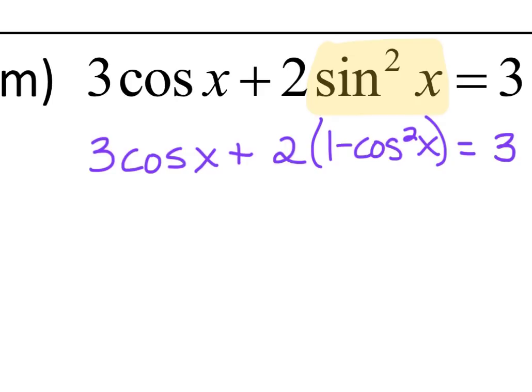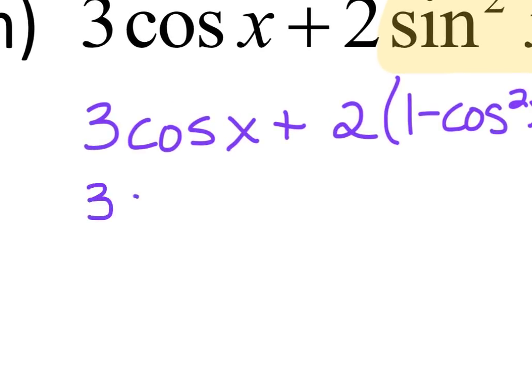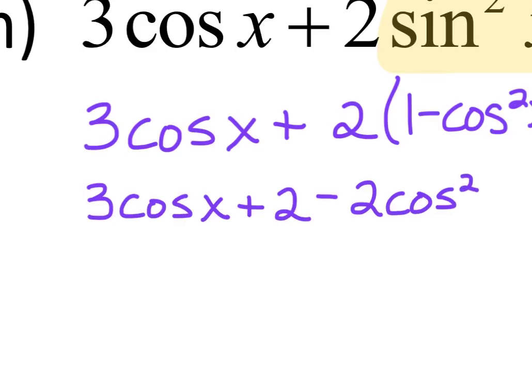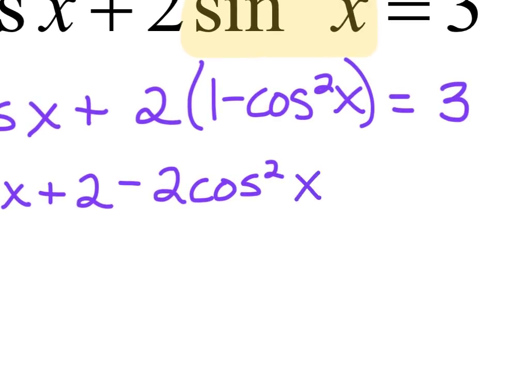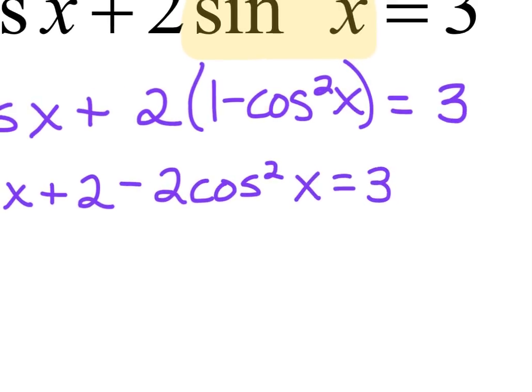Now I have to simplify that, and so I'm going to distribute the 2. So I get 3 cos of x plus 2 minus 2 cos squared of x equals 3.